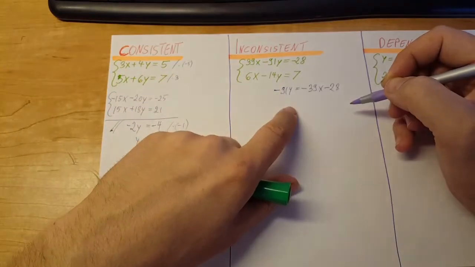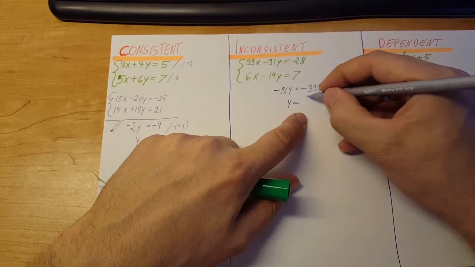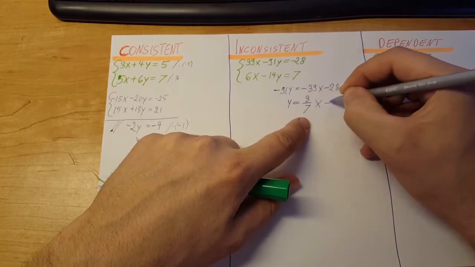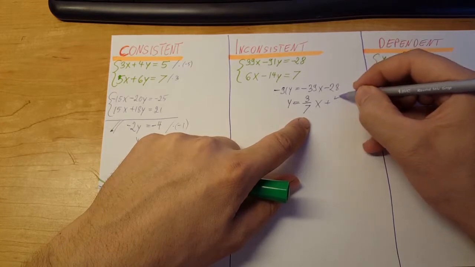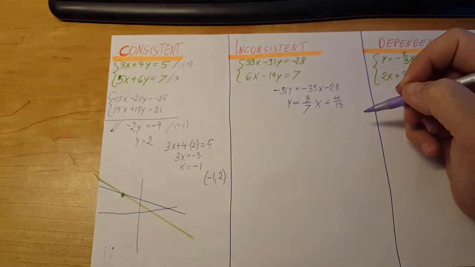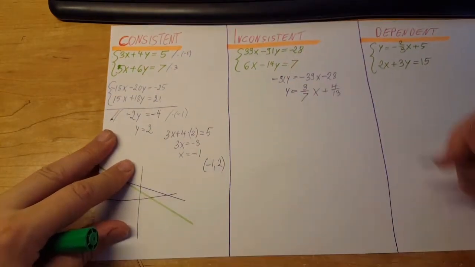Okay, now we're gonna solve for y: y equals 3/7x plus 4/13. This is as far as we're gonna go on this, we're gonna leave it like this.